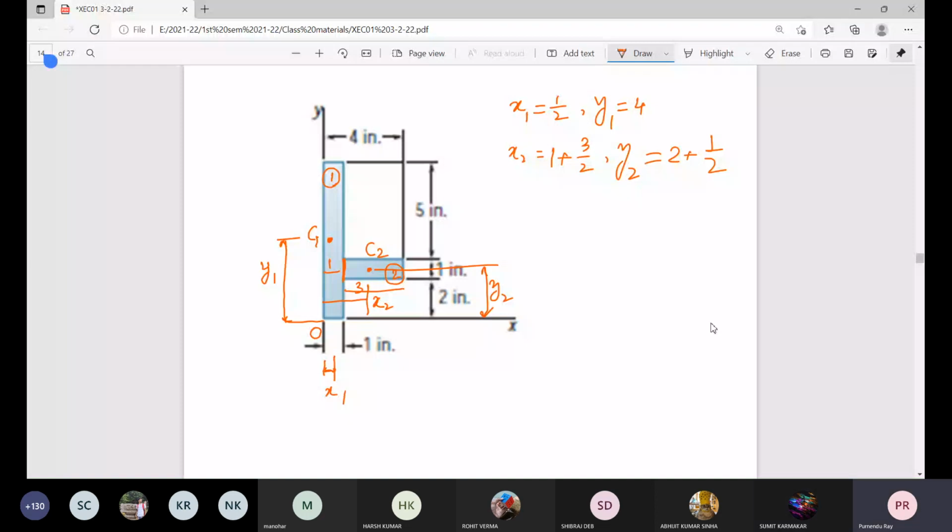Now, one thing we normally do is the calculation and note it in a tabular manner, and that is very useful sometimes.